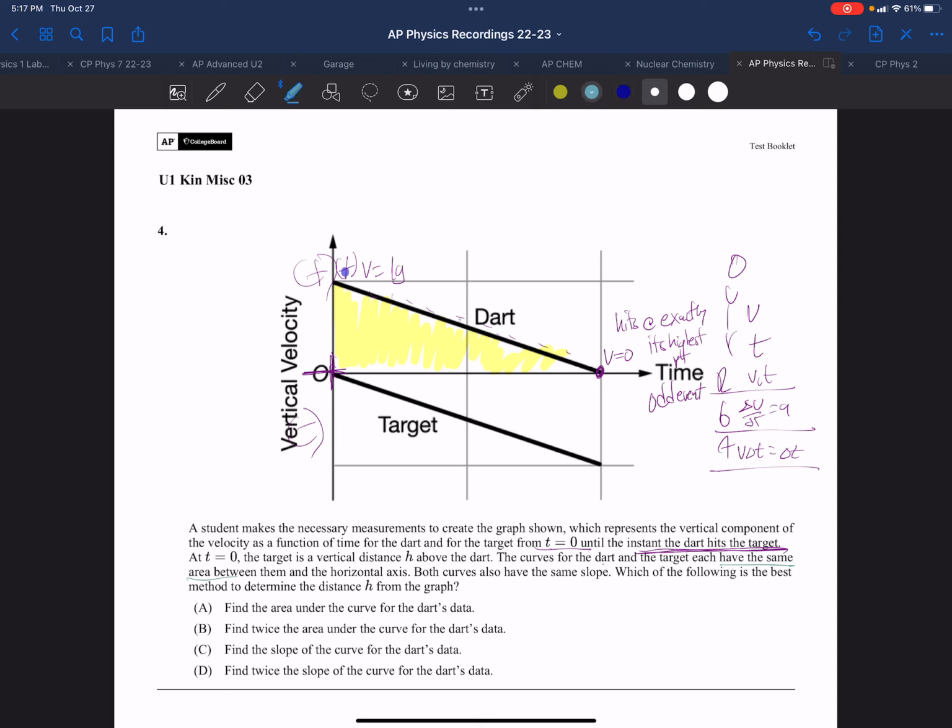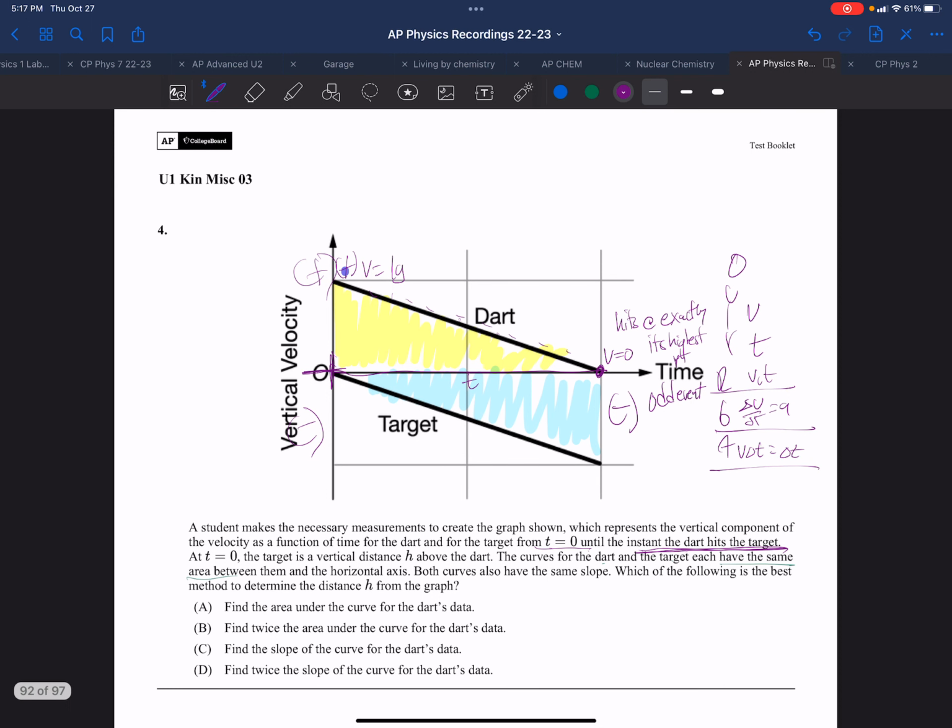And the next one is the area between the graph, which is here. Now, of course, we want to keep in mind that this is a negative. The times are the same. And this is a positive. So we've got this positive value, which is shown by this grid line, and this negative value, which is shown by that grid line.